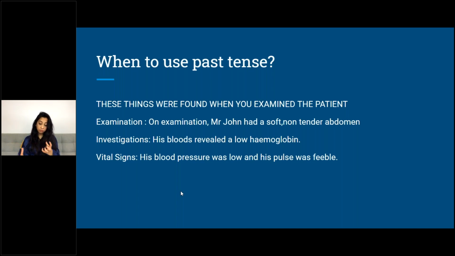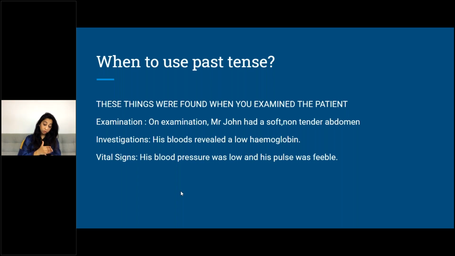Your patient is going to come to you, you're going to examine the patient, you're going to do investigations, and you're going to do vital signs. At the time of writing your letter, everything is going to be in the past. So just make your life easy and write that in past tense.